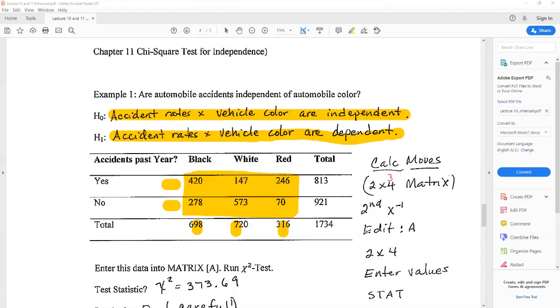So let's scratch that out. And it looks like I did the same thing down here. Don't want to confuse you, so let me get that fixed. Okay. Again, if you look at the raw data values without the marginal totals, this would be a 2 by 3 matrix.